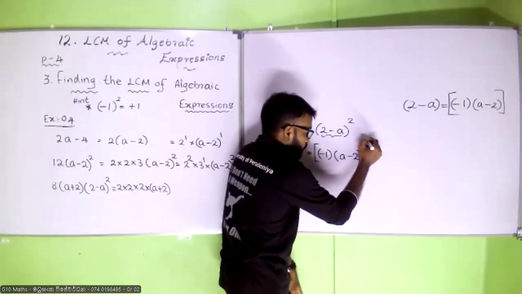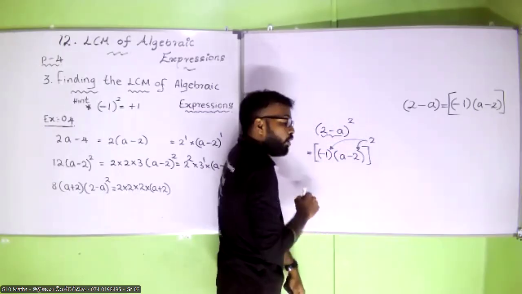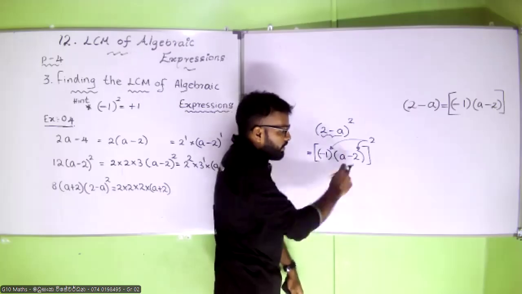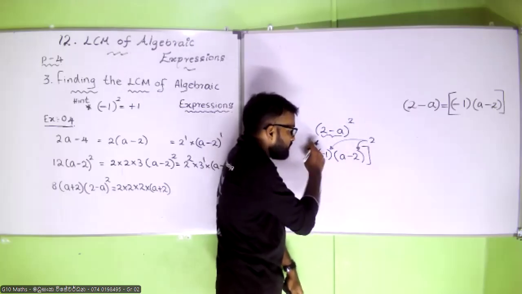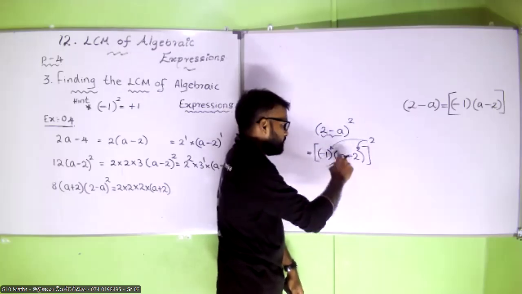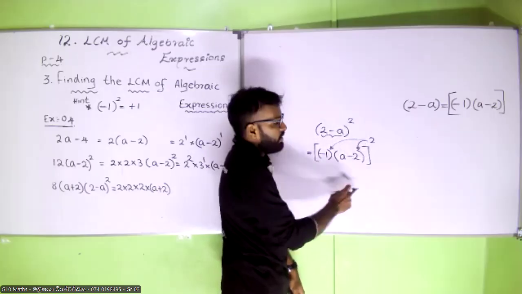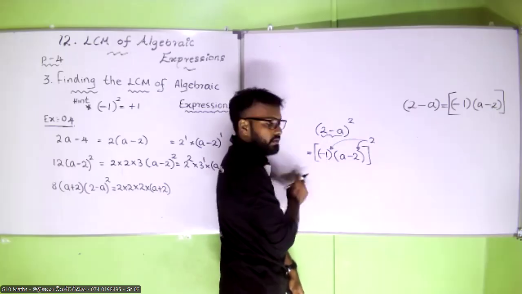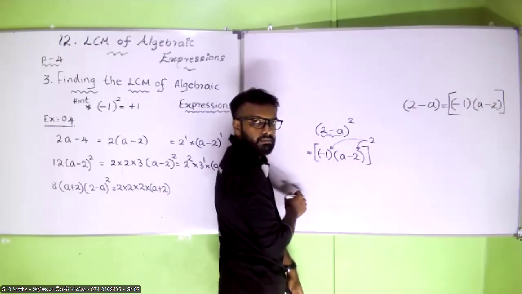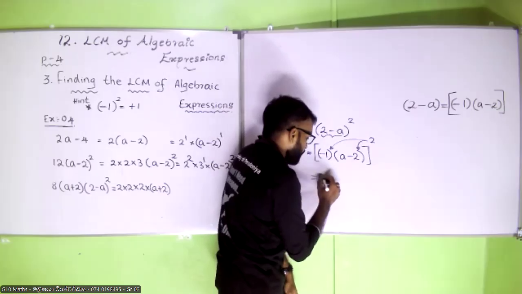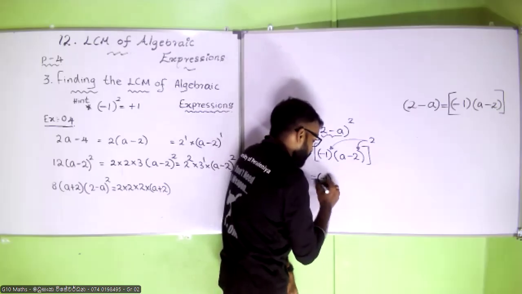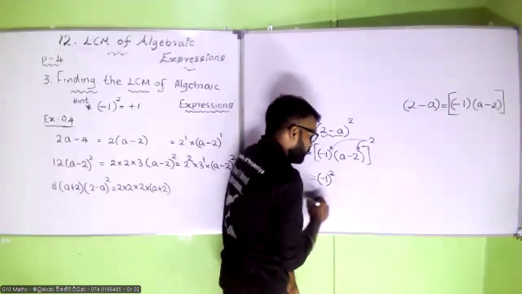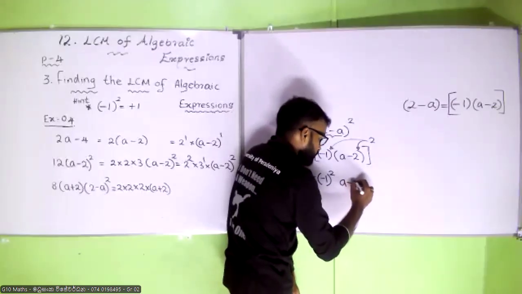This power 2 is common for both, right? That is the meaning of this bracket. This bracket is saying, Macha, this power 2 is common for this term and this term. So I can write minus 1 to the power 2, a minus 2, whole thing to the power 2.